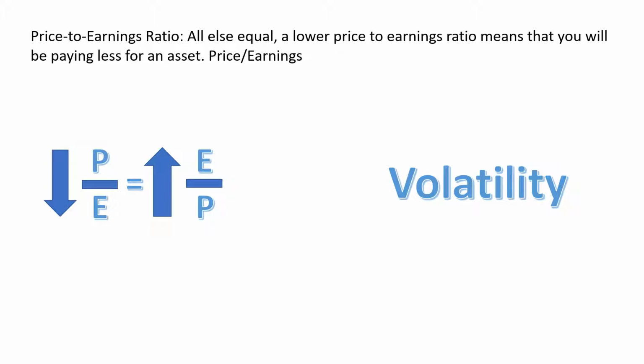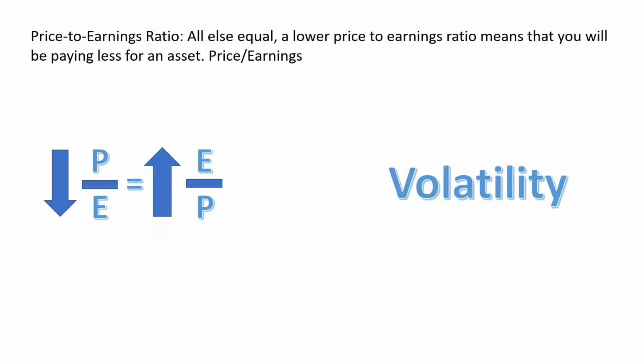Because the key with understanding PE ratios is all else equal, a lower price to earnings ratio means that you will be paying less for an asset. So if all else isn't equal, for example, one's more volatile, then you may go for the higher PE ratio, and it just depends. It's just one aspect of valuing a stock in a company, and there are several things that go into it. So PE ratio is just one, and it's important to keep that in mind.